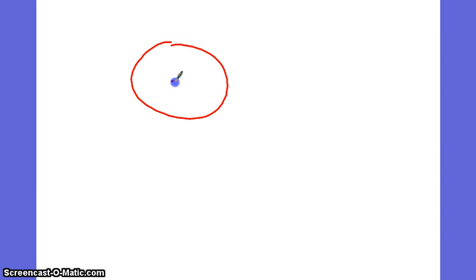A couple other things. Center of a circle, I drew 2 radii. Inside here, it's called a sector. The sector is determined by its angles. Actually, let's talk about that right now. Okay, so this is called an arc.